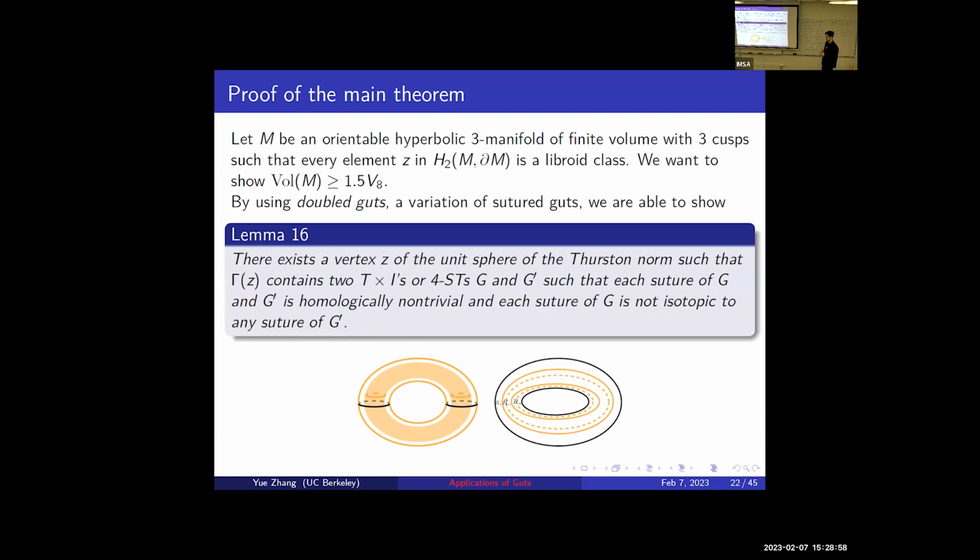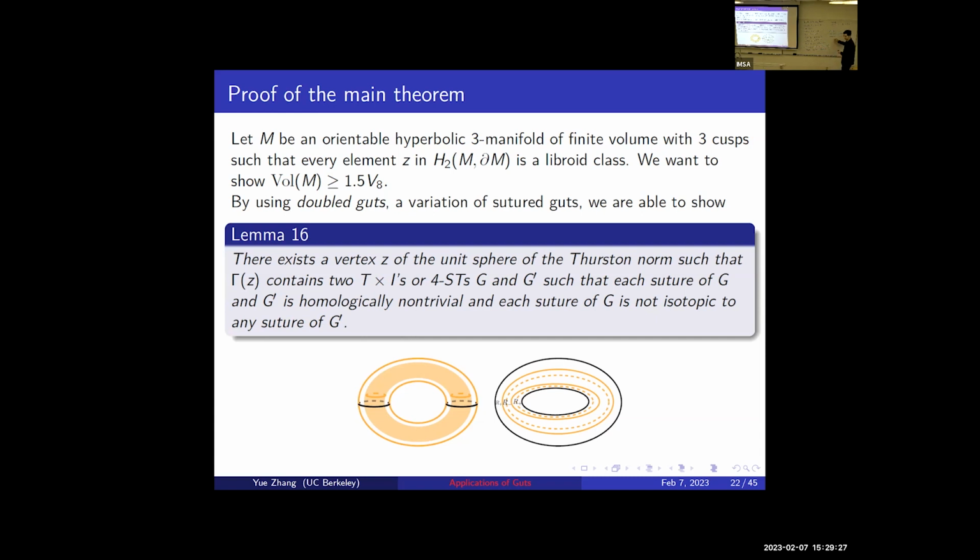So you might see the conditions are very complicated, but we just want to rule out the case that you have a hexagon of T times I that Ian mentioned, that you can have two Seifert fibered spaces and then you group together, you have a Seifert fibered space here and then you have another one here.